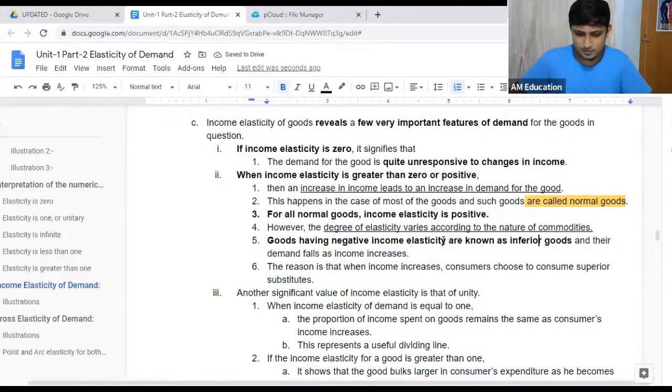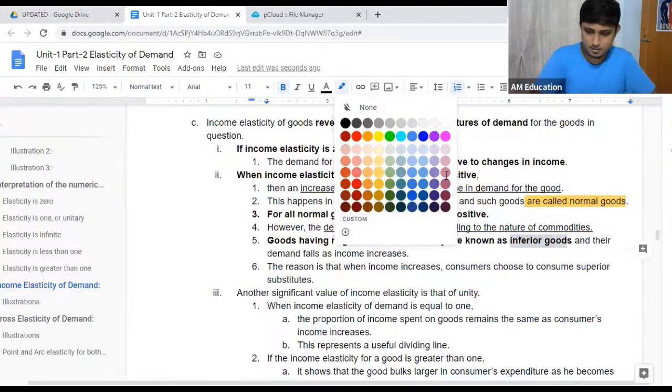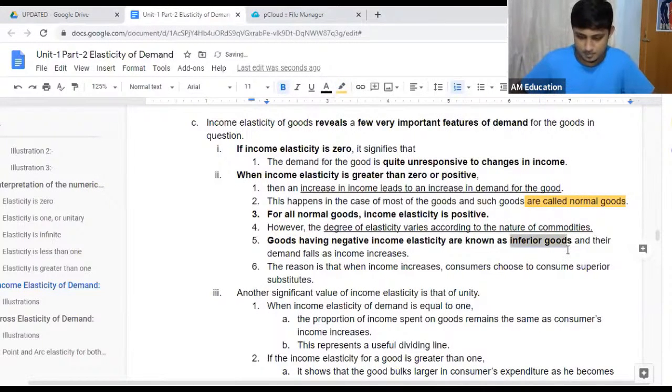And then what we have, inferior goods. The demand falls as income increases, and the reason is that when income increases, consumers choose to consume superior substitutes. My income is increasing, I'll buy more of better quality goods, superior goods.